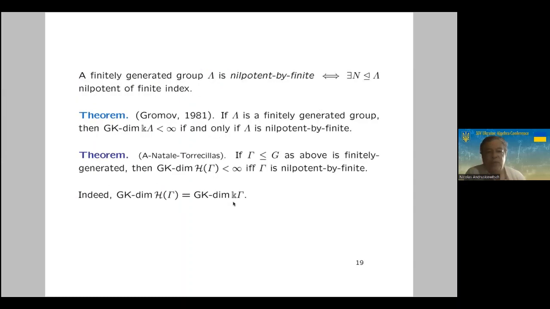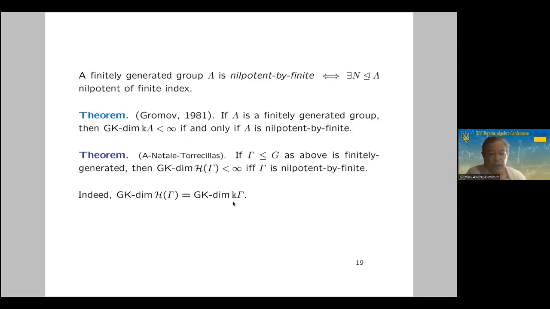Another example of Hopf algebra with finite Gelfand-Kirillov dimension is a famous result by Mikhail Gromov, '81, which says that if you have a finitely generated group lambda, then the Gelfand-Kirillov dimension of the group algebra K lambda is finite if and only if lambda is nilpotent by finite, where nilpotent by finite is, as expected, it has a normal nilpotent subgroup of finite index.